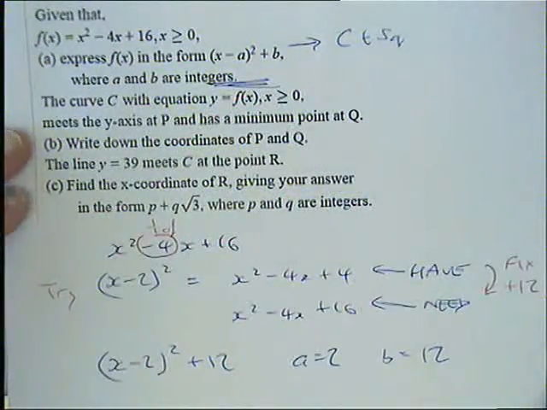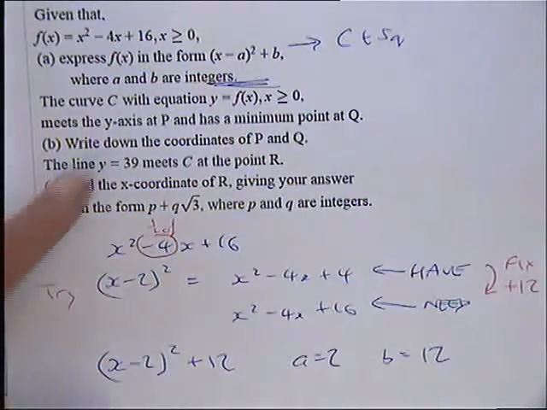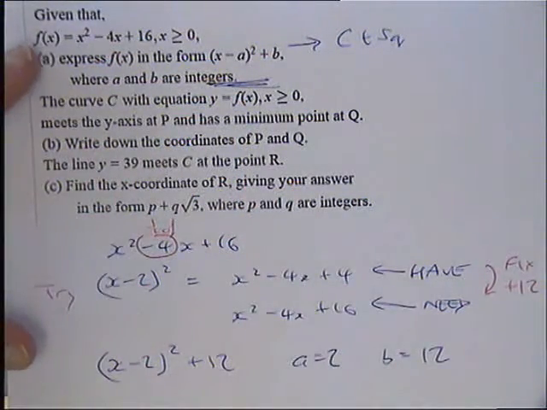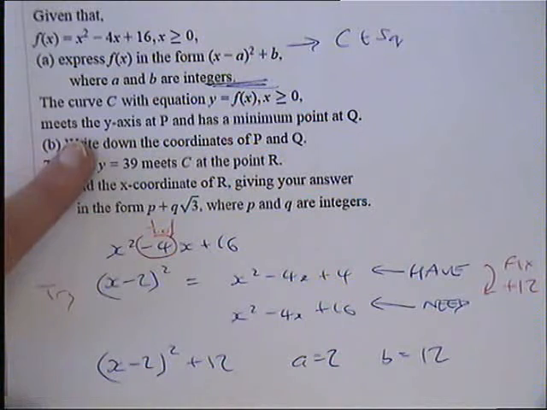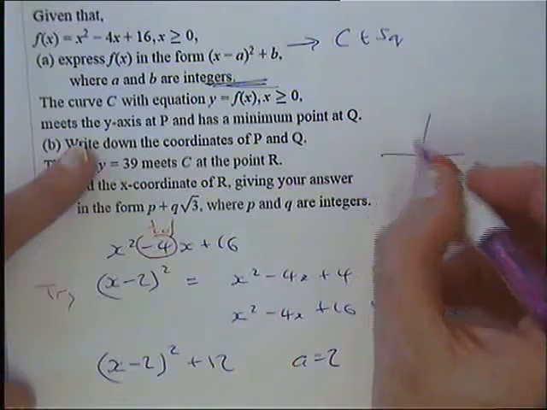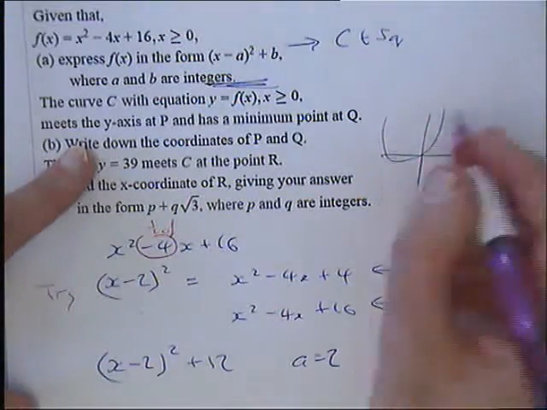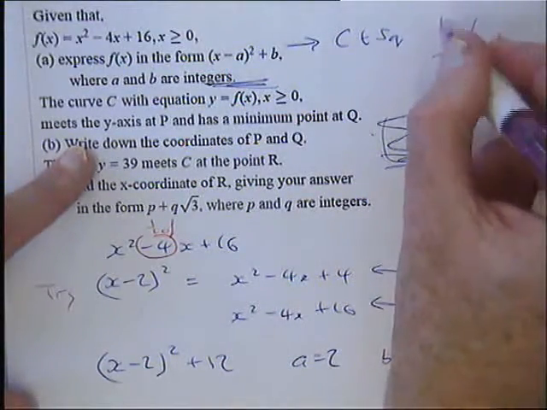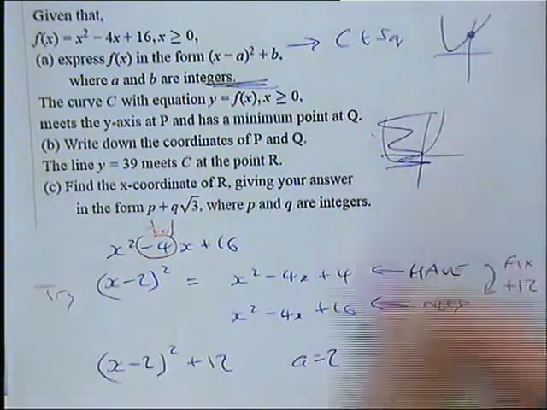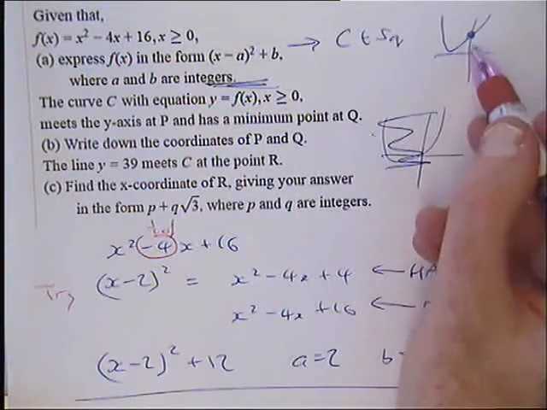Okay, in part A. Then it says the curve with the equation y equals f of x, that's what we've been dealing with, meets the y-axis at P. If it crosses the y-axis, what can you tell me about that coordinate point?